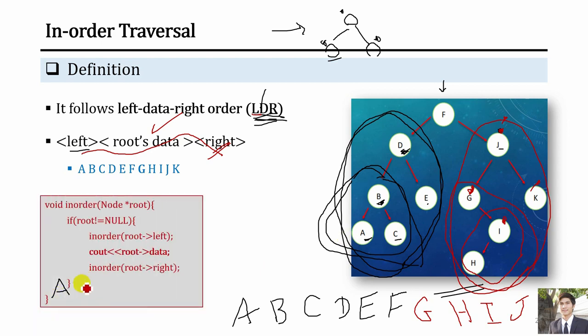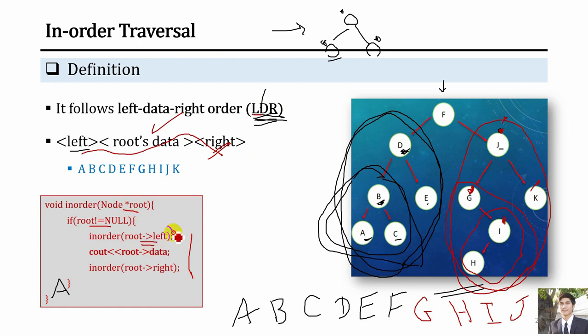Okay, so at this point, when we create a function, it is very simple, right? We only need about 5 lines. We put our order using this format: left data right. Data means we display it, left means we recurse on the left subtree, and right means we recurse on the right subtree. So our rule is root not equal to nil, and then we recurse to the left by passing the left node of the root.